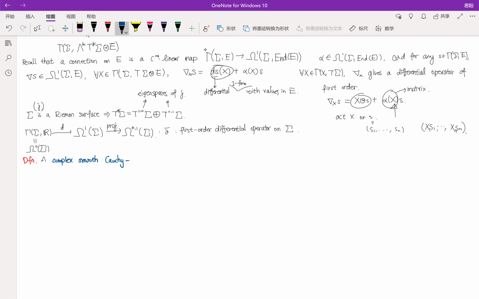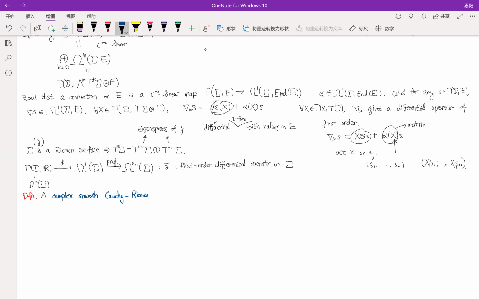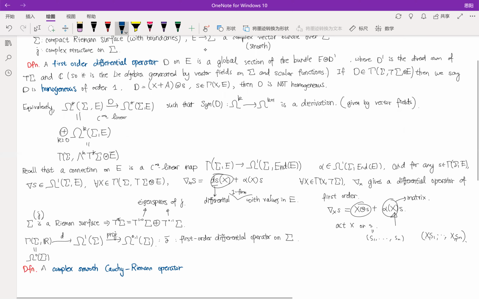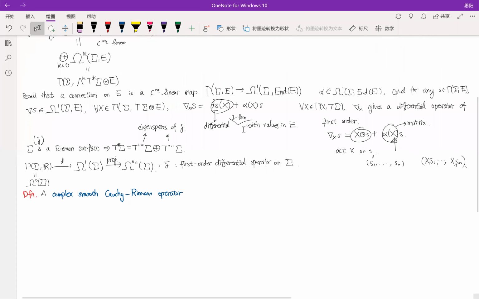Excuse me, I'm a little bit confused by your definition of connection. Why is it mapped to the forms with value in the endomorphism of E? I mean, it should itself be a section, but it's not a map from the sections to the endomorphism.